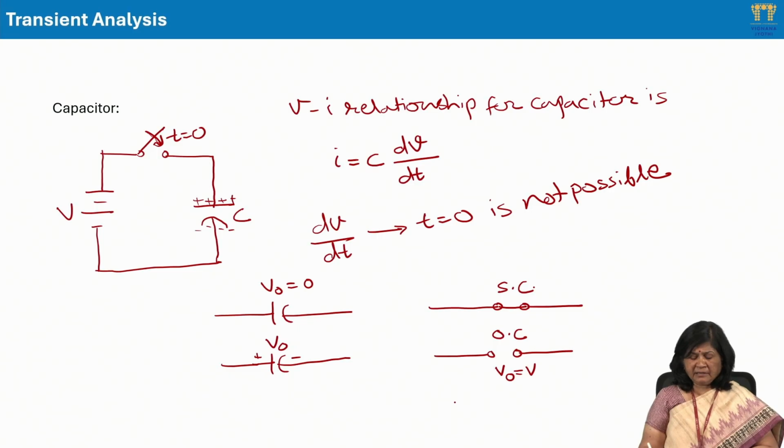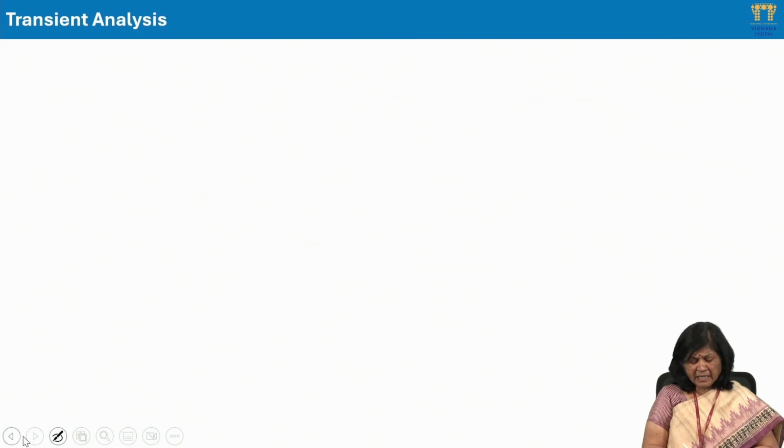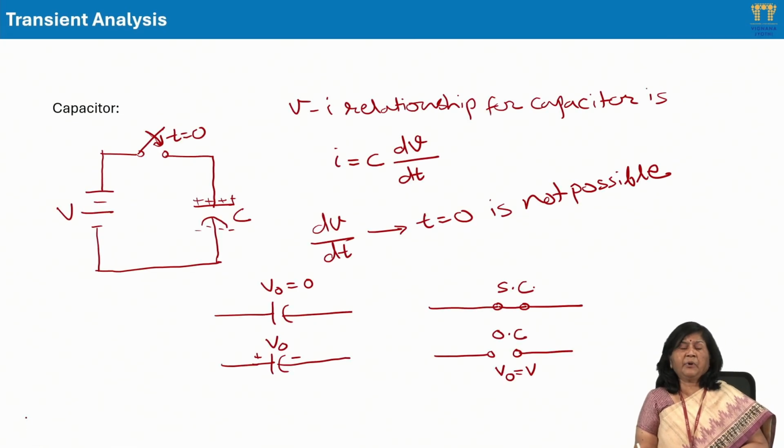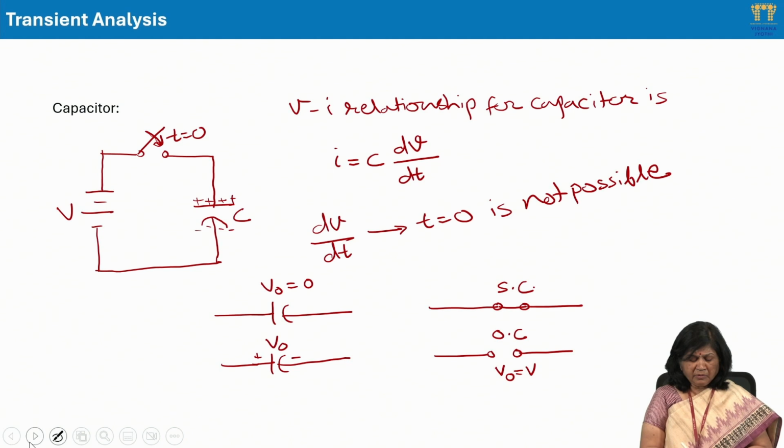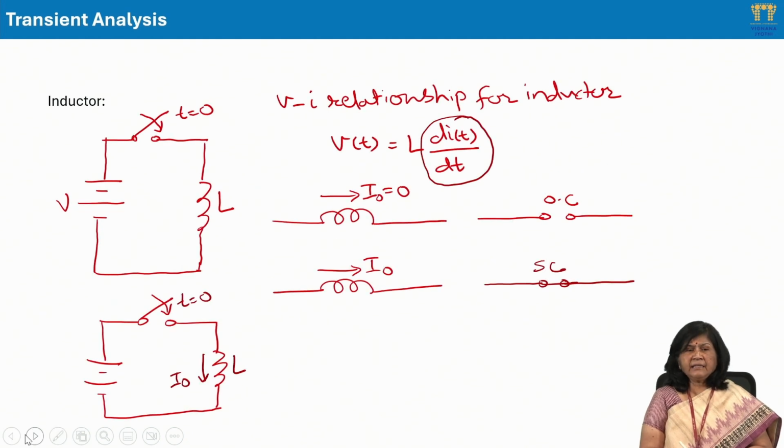In this process, the inductor stores magnetic energy and the capacitor stores electrostatic energy. Whenever there is a change in state in the circuit, they behave differently. So that's how initial conditions are very important to know for transient analysis.